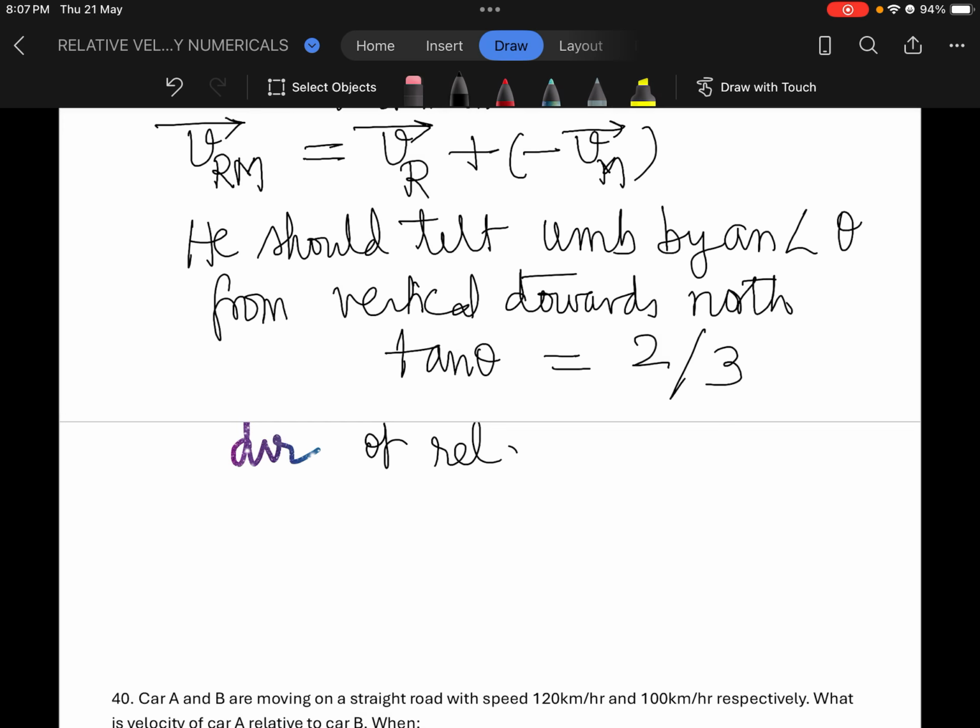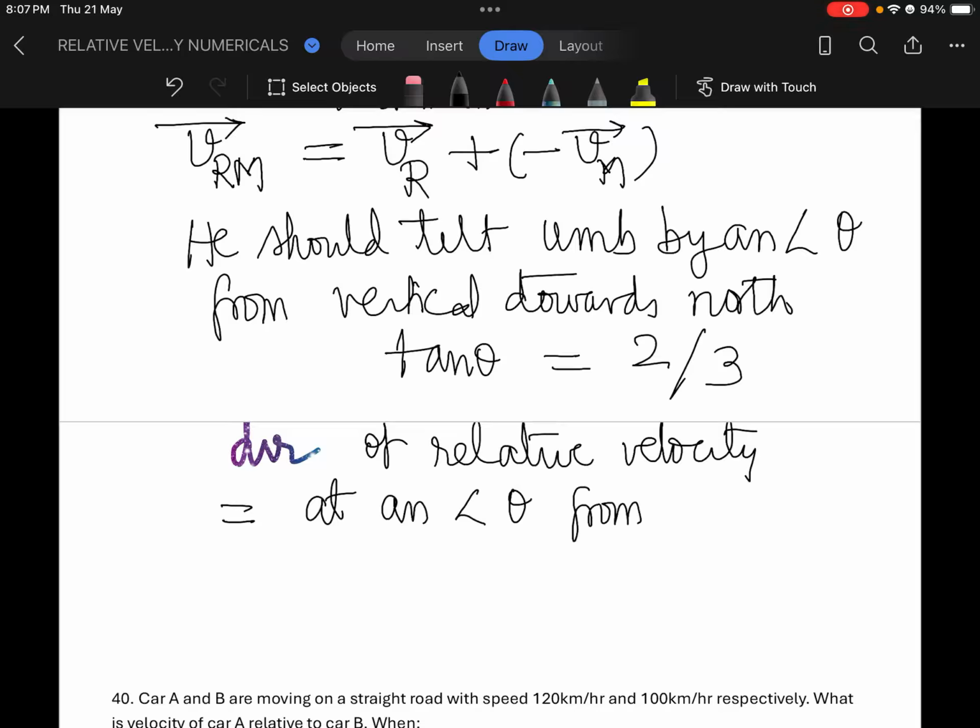So the direction of relative velocity is at an angle theta from vertical towards south.